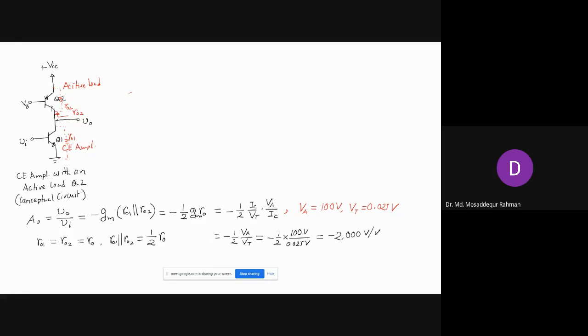For the current to flow in this direction. And if you connect emitter here, emitter has a very low output resistance, RE, right? Emitter has a very low output resistance. And so that load resistance will be very low and gain will be very low.